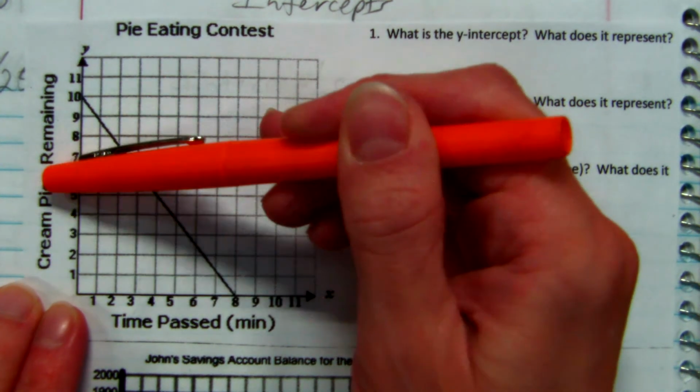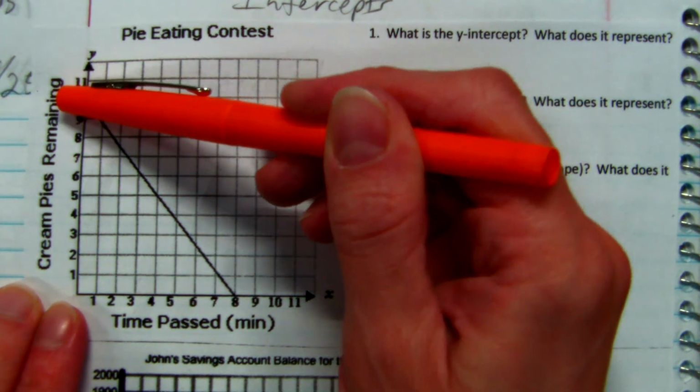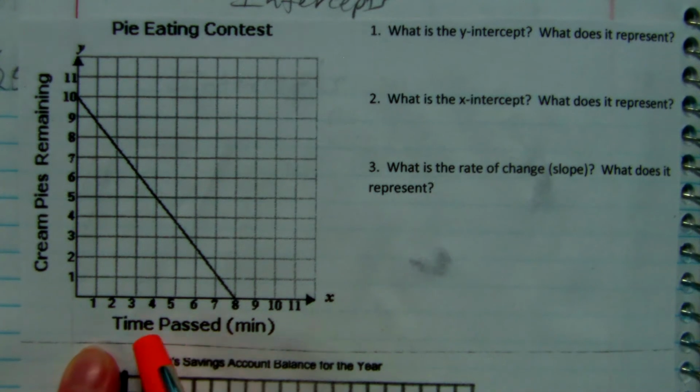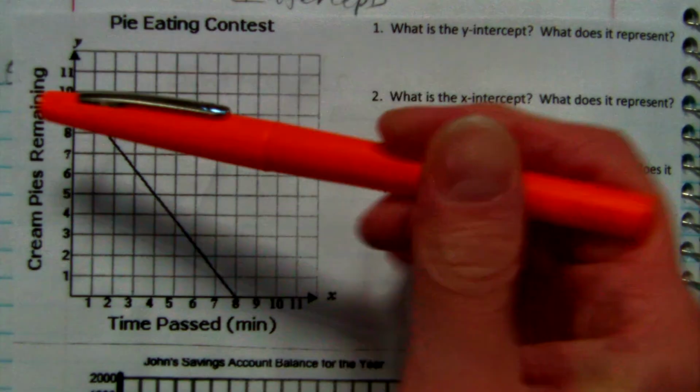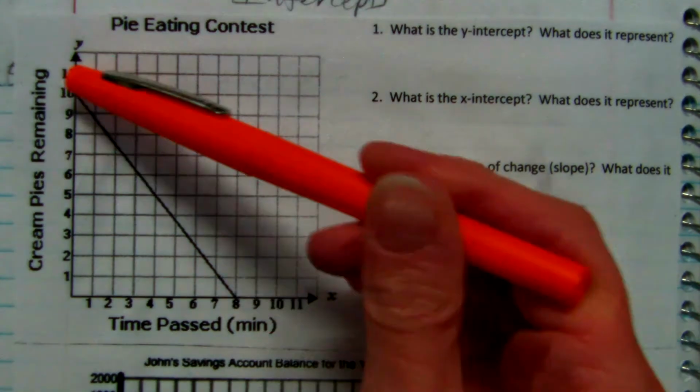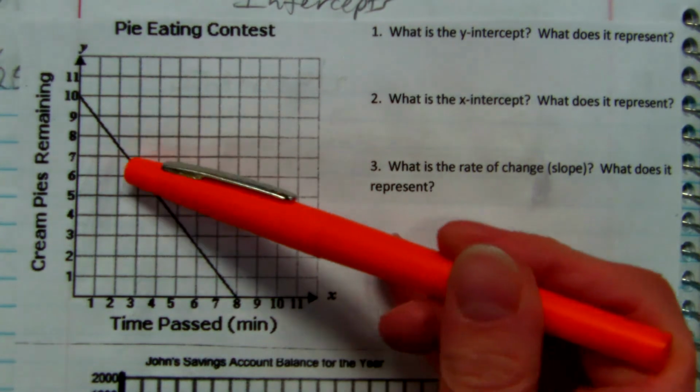On the x-axis, it has the time passed in minutes. So this is 1 minute, 2 minutes, 3 minutes, 4 minutes, 5 minutes, and goes on. With the slope going down, it's a negative slope, so they're eating the pies and the pies are disappearing.